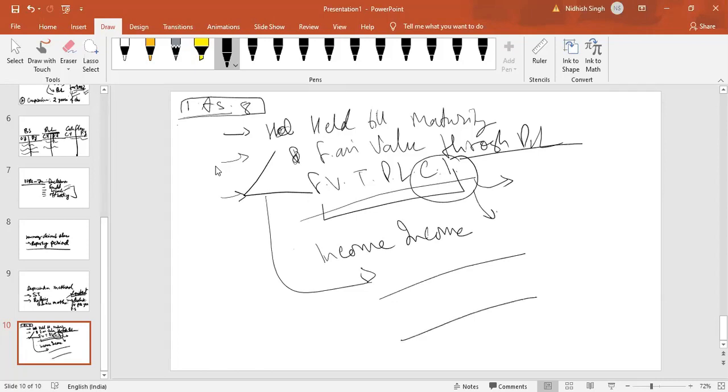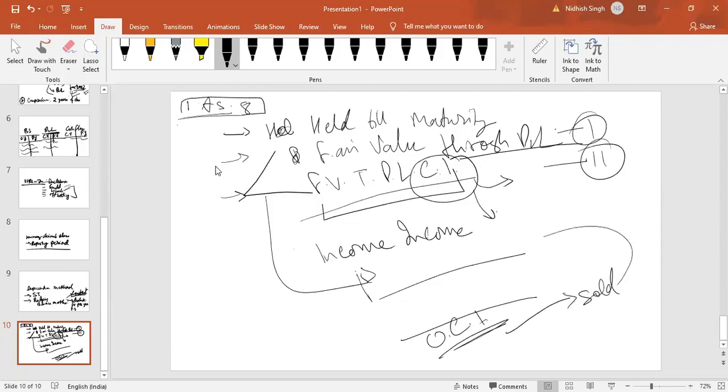What is the difference between the two? Anyone? Items included in OCI generally don't have a cash impact on the profit. I know where you're going, but just to clarify, even those items which are in OCI, or other comprehensive income, when they are sold, they will have the cash impact.